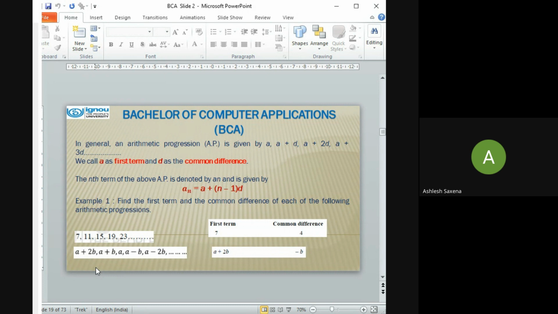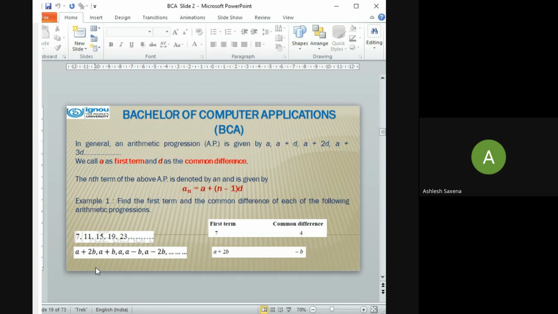How do you calculate the common difference? What is the procedure? a plus b minus a minus 2b will become minus b. That will be minus b, not b. There is a lot of difference between b and minus b.